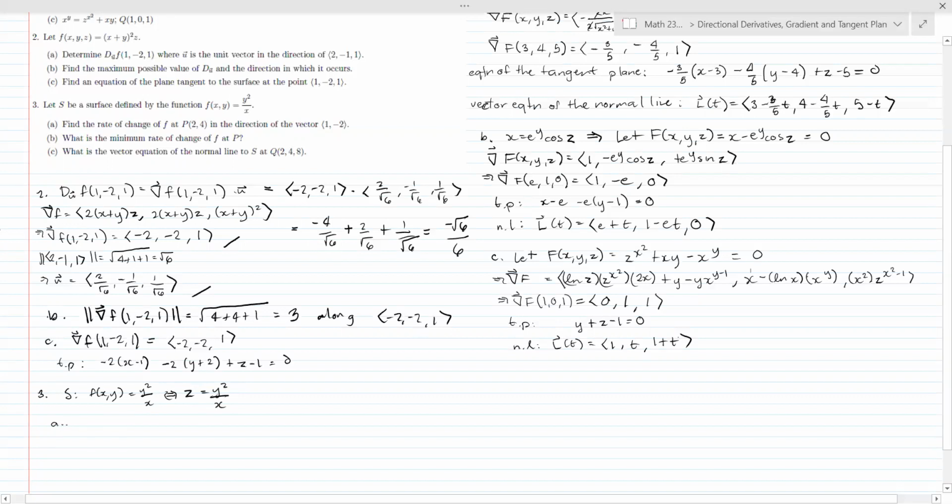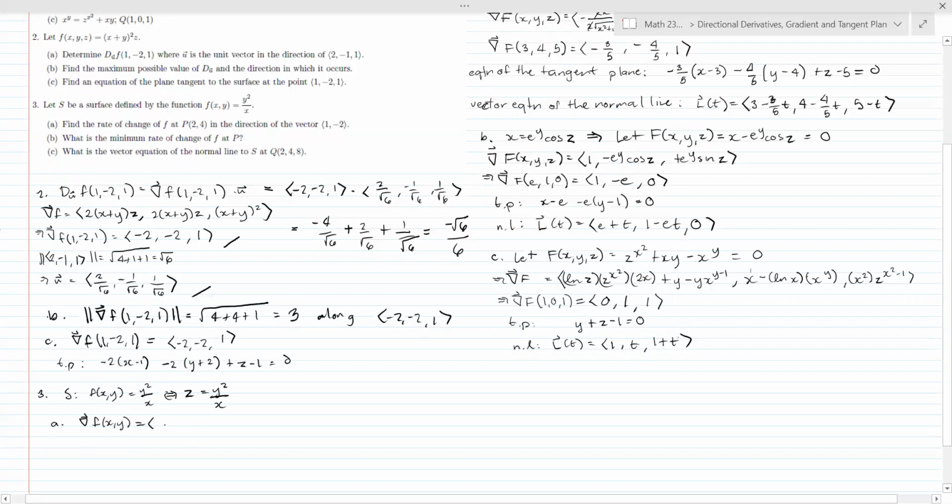So first question, find the rate of change of f at the point P(2,4), direction vector (1, negative 2). So it is still a directional derivative, rate of change. So let us get the gradient of f. Let us consider that we are only working in two variables. Gradient of f(x, y). This is the partial with respect to x.